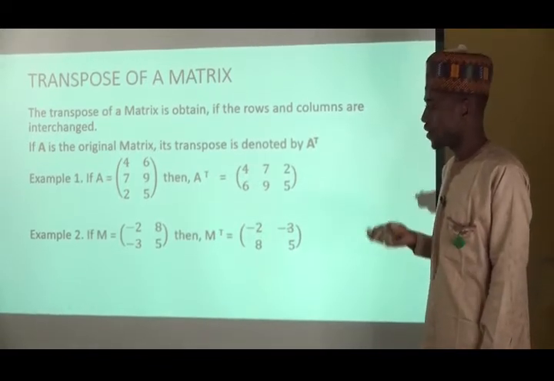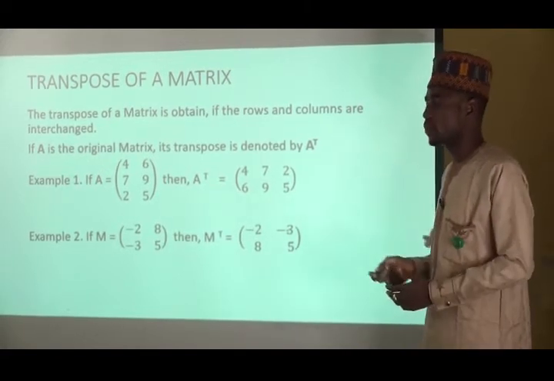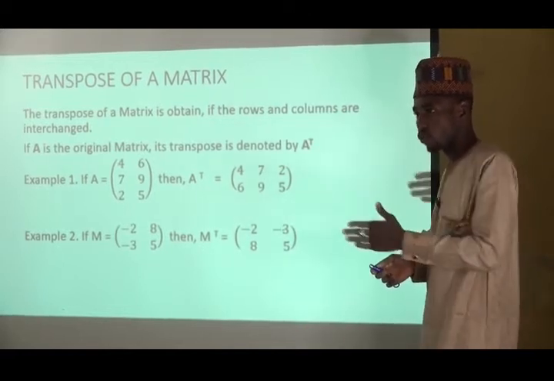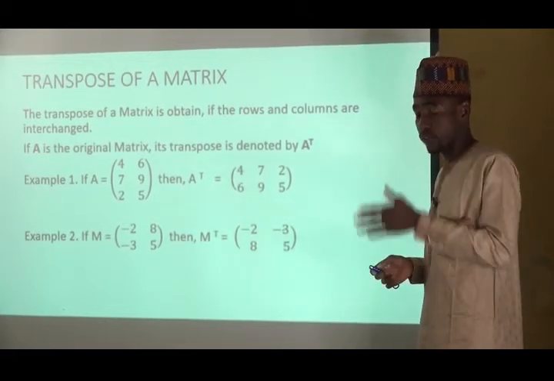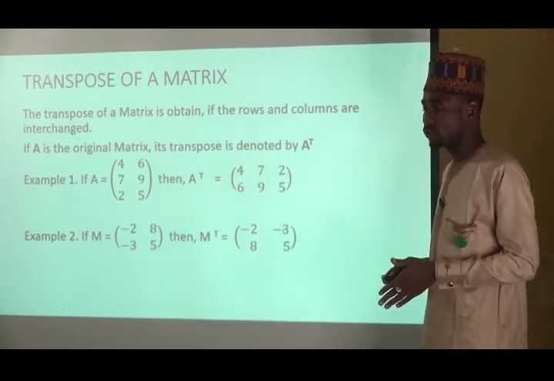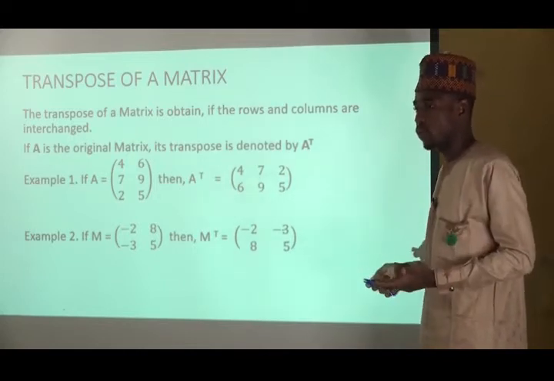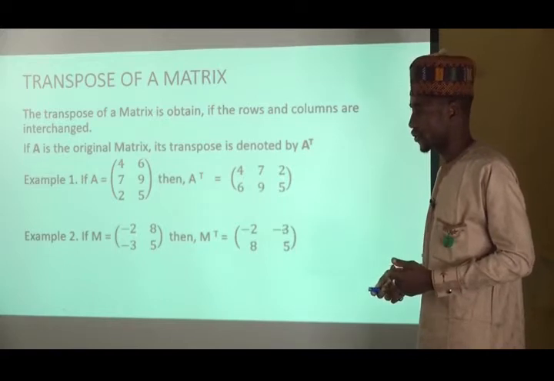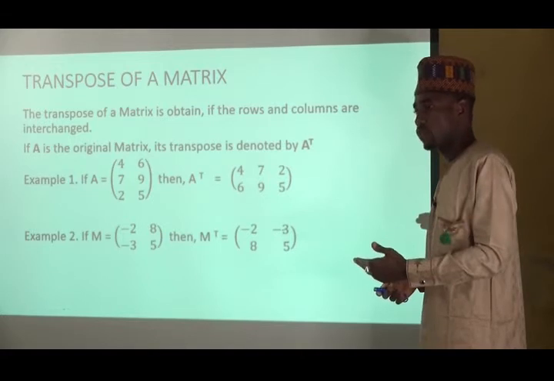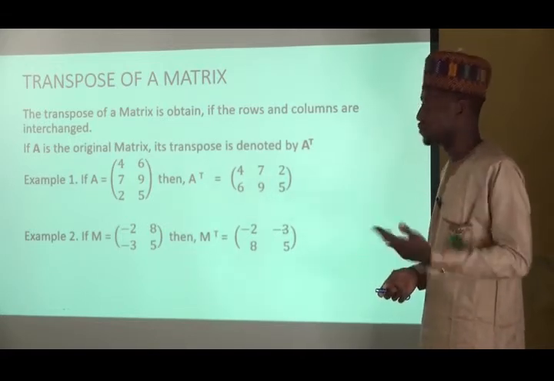What we mean here is, when you are asked to find the transpose of a matrix, all you need to do is interchange the first row to be the first column, second row to be your second column, then third row to be your third column. That is in the case of a 3 by 3 matrix. The new matrix so formed is now the transpose of the original matrix or the transpose of the given matrix.